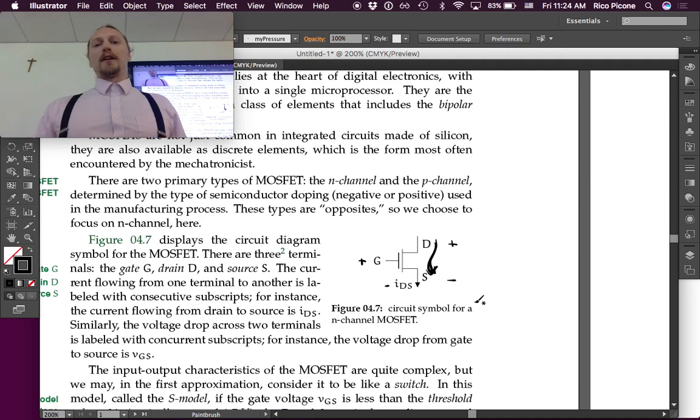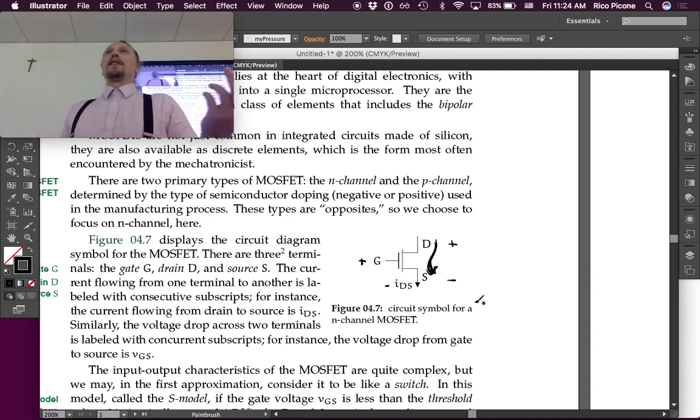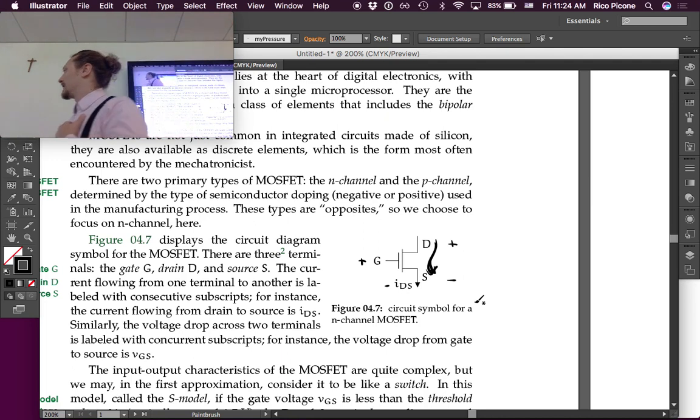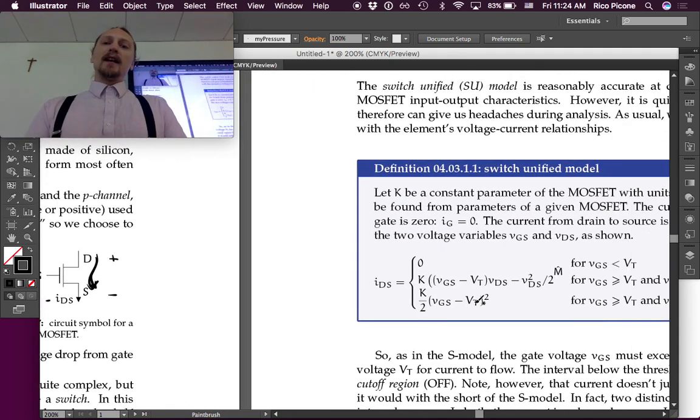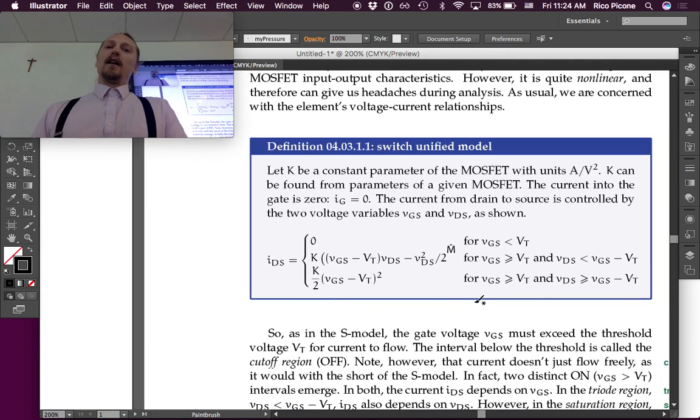It's not flowing any current. It behaves like the switch in the cutoff or off state, which is nice. So that part of the switch model is totally correct. It's the same. It's the on state that gets us our complexity.